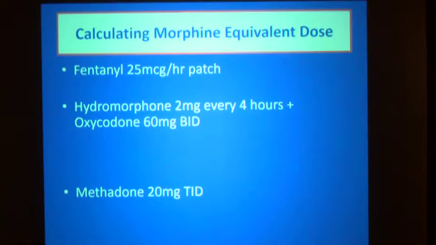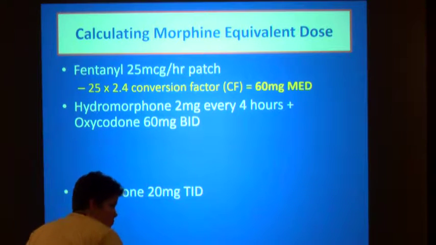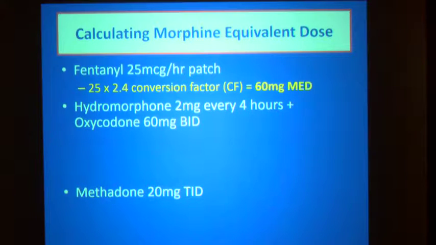So 25 micrograms of fentanyl patch. Tell me how many morphine equivalents that is. Correct, it is 60. So how did I do that if I didn't use my phone? Well, I used the conversion factor, which told me that I multiplied 25 times 2.4, the conversion factor, and that gives me 60.